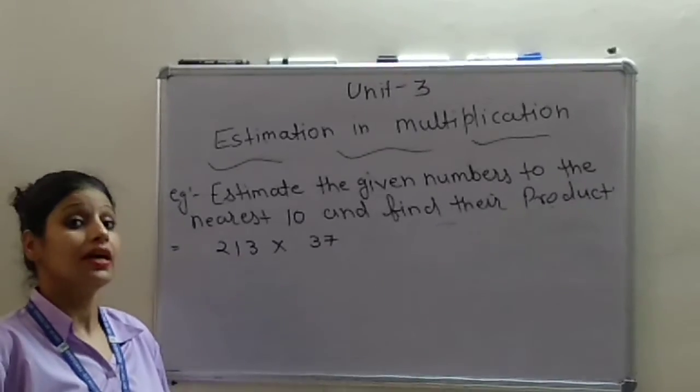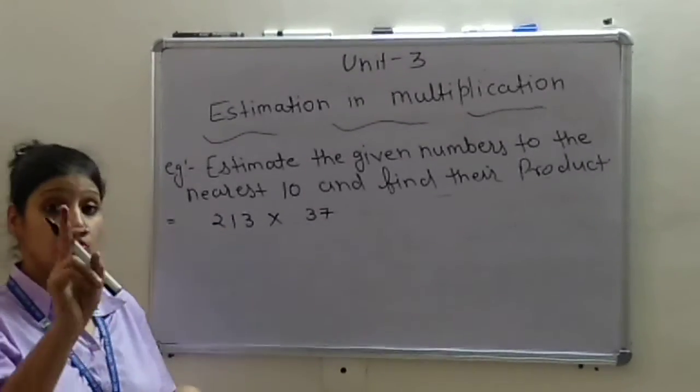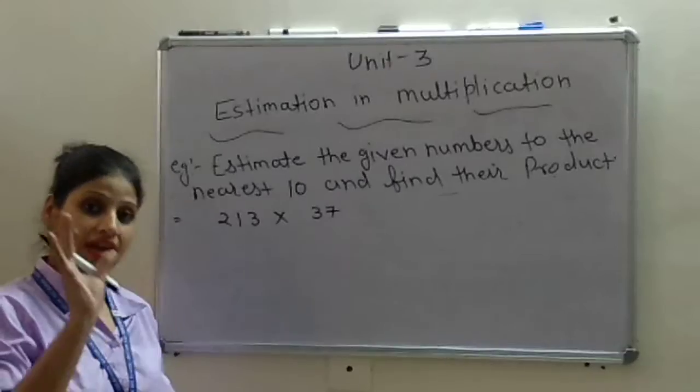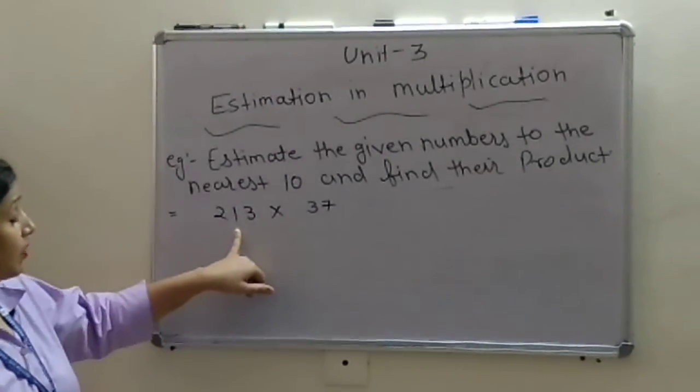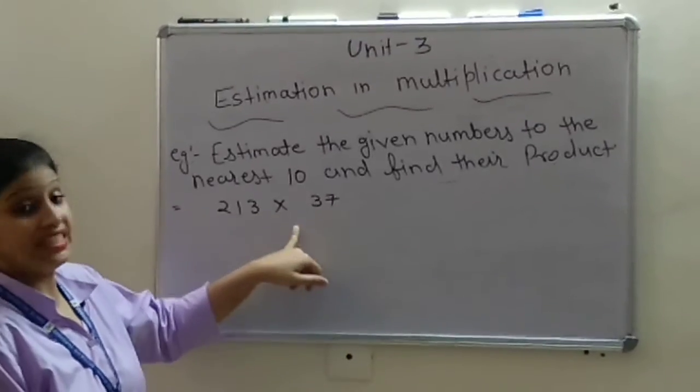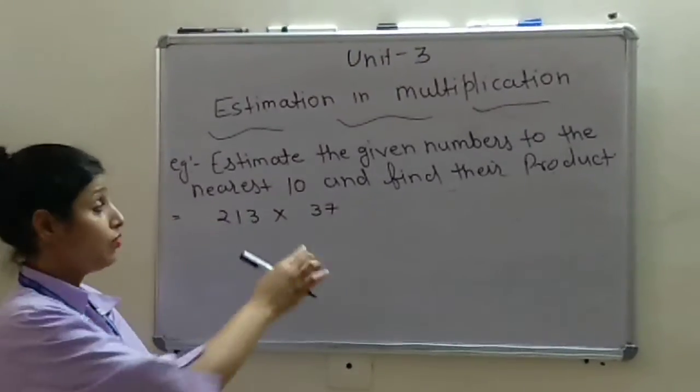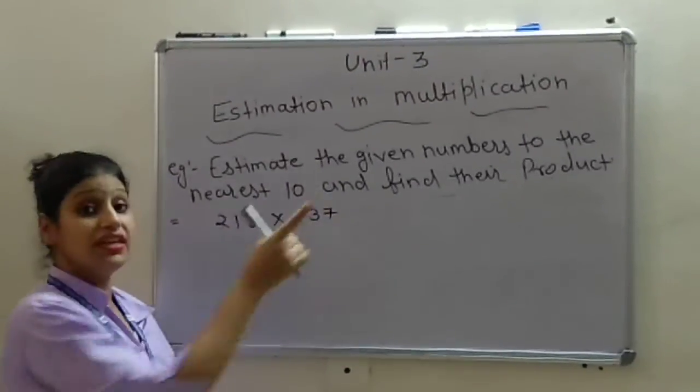So children, how are you going to do these questions in the notebook? Now see these steps. Hope you have understood how we round off. Okay. So the numbers are 213 multiplied by 37, and you have to round off the given numbers to the nearest 10.